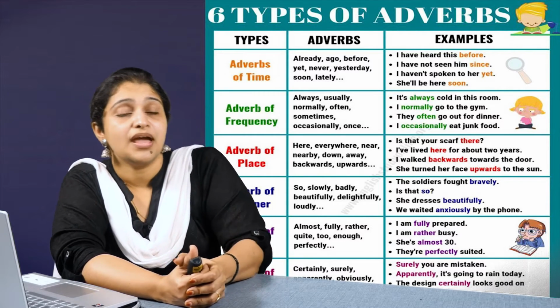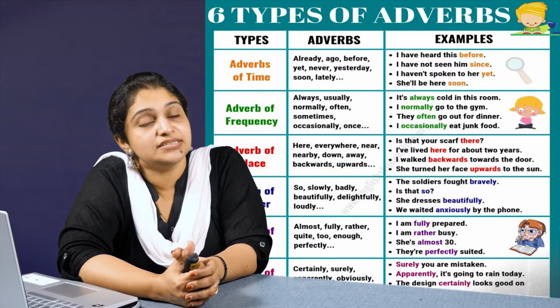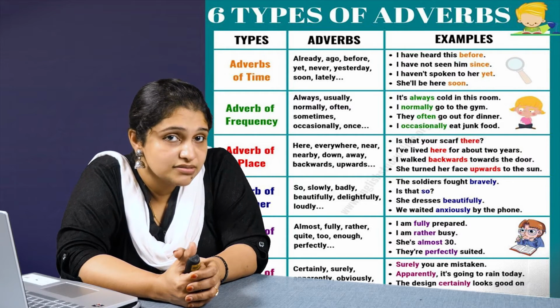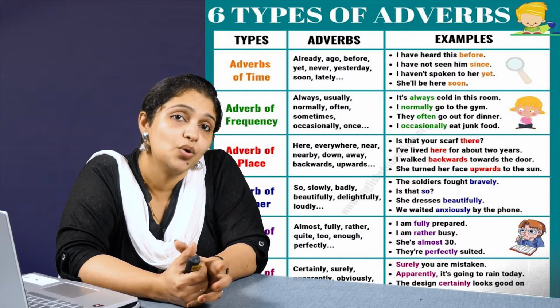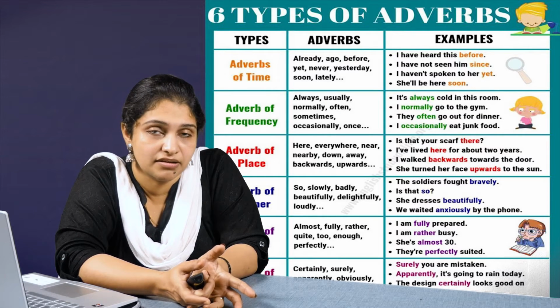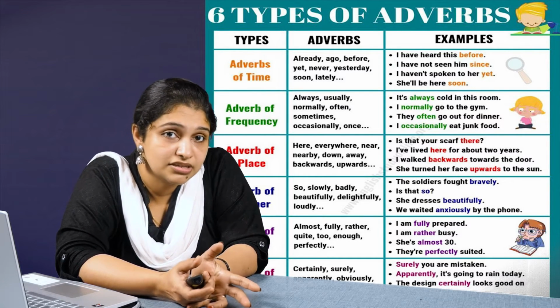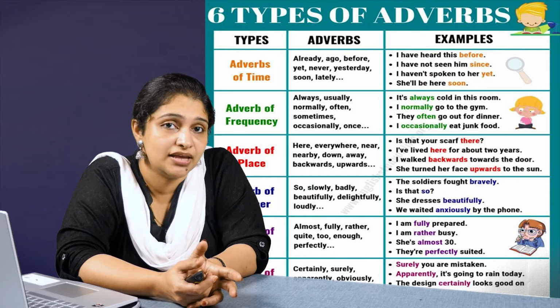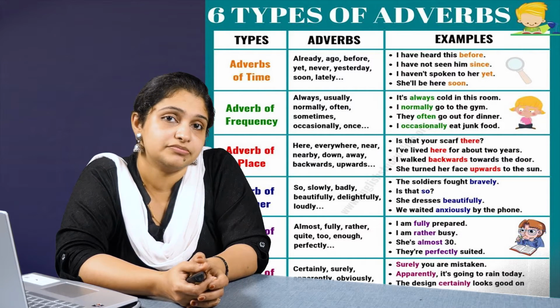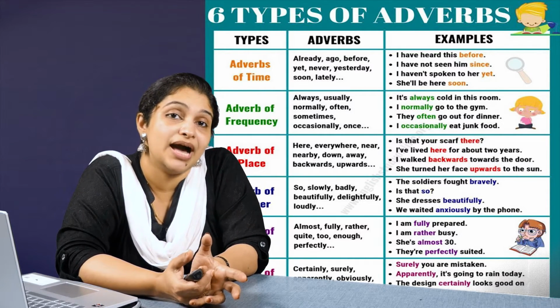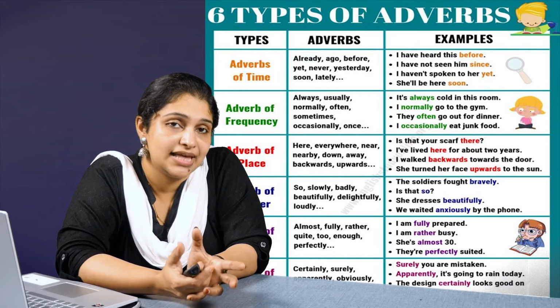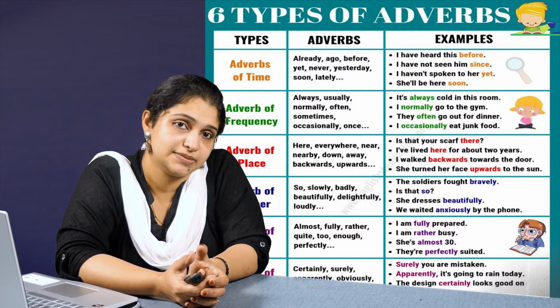And then certain words give you hints about where the action takes place. Here, there, near, nearby, backwards, away, upwards, etc. It shows where your action, the verb, takes place.